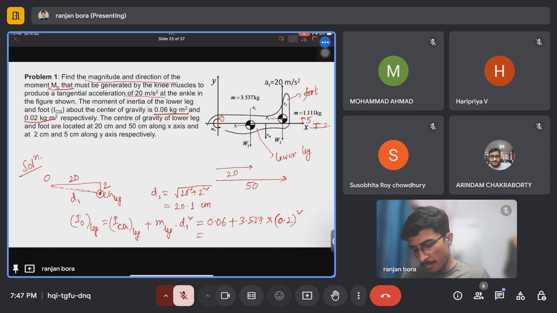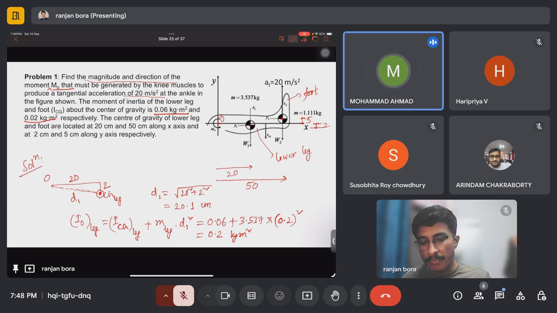It will be about 0.2 kg meter square. So is it clear? Anyone has any doubt? It's clear. Okay.